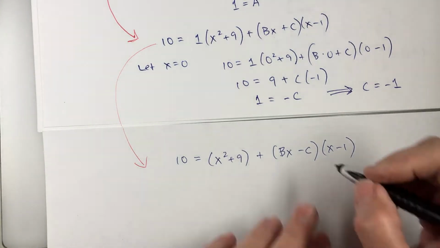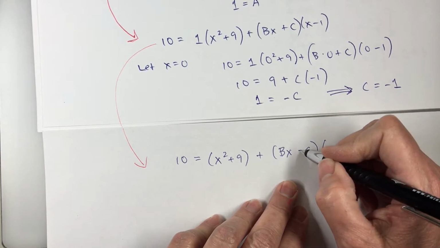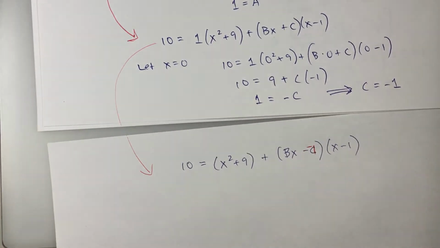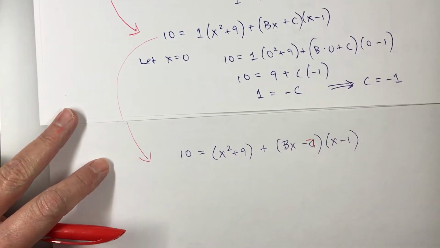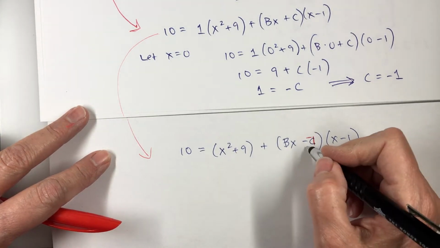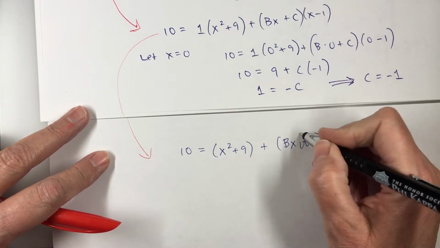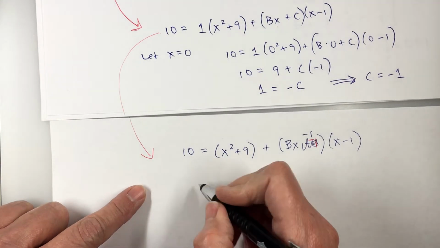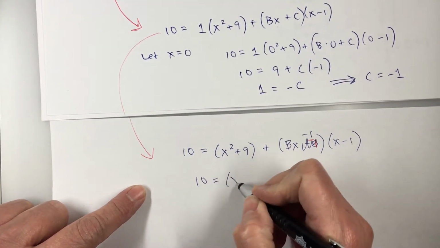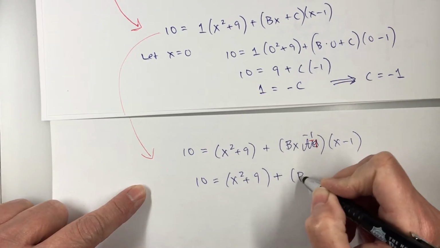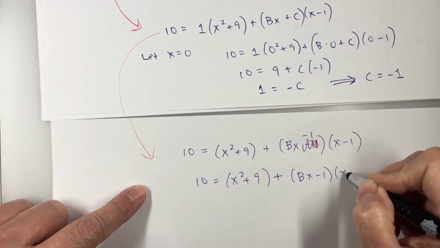Oh, I forgot to write, C is negative 1. Oh, it is plus C, thank you. Minus 1. All right, so I'm going to probably rewrite this so I don't make a mistake on that minus 1. And so Bx minus 1 times x minus 1.